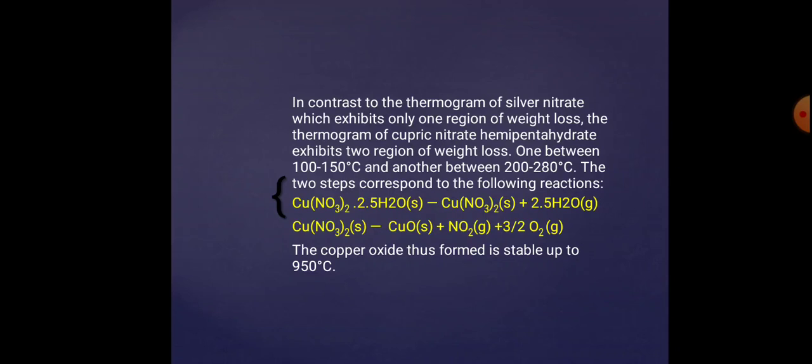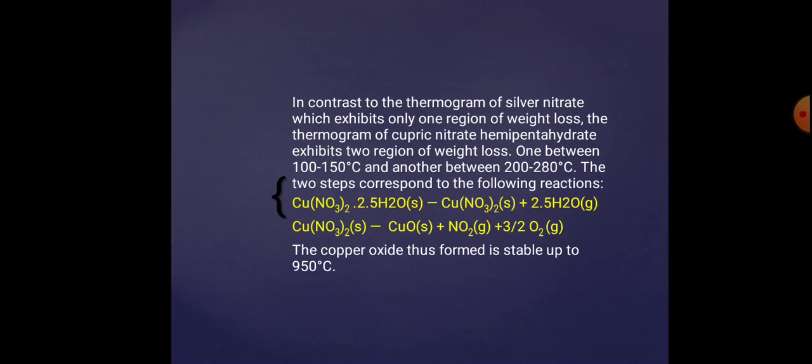Hence during 200 to 280 degrees Celsius, the reason behind the weight loss is the loss of NO2 and O2. But above 280 degrees Celsius, the copper oxide remains constant, and it is much more stable up to 950 degrees Celsius.